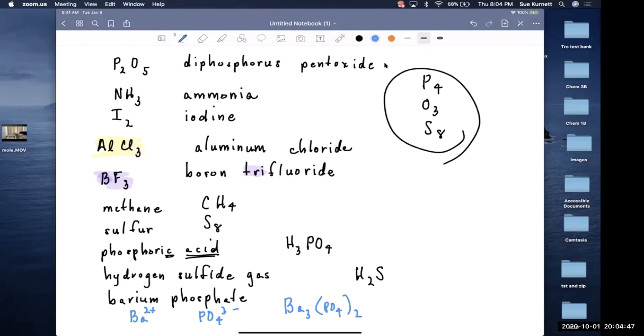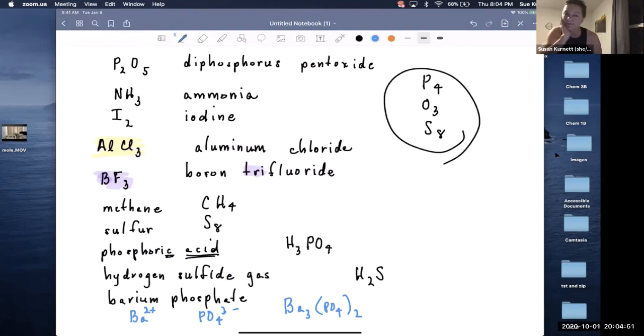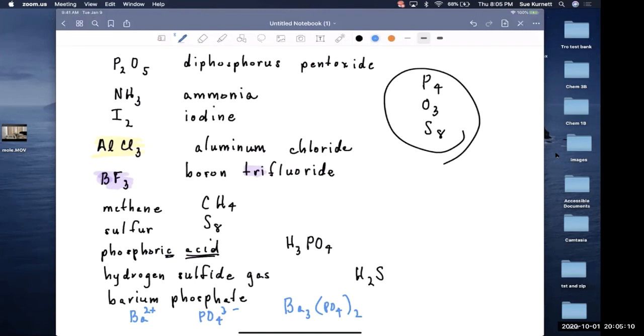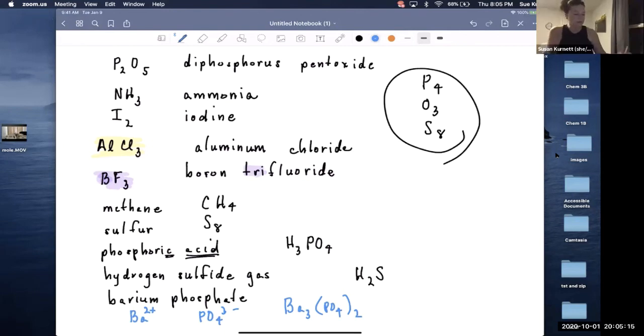I had a quick question before you answer. With the last one that you just had, the phosphate, because obviously you need 3 of the barium to balance out the phosphate charge, how do you know when the subscript equals quantity or charge? Oh, yeah, it's always quantity, but there's 2 kinds of quantity that we could be looking at.